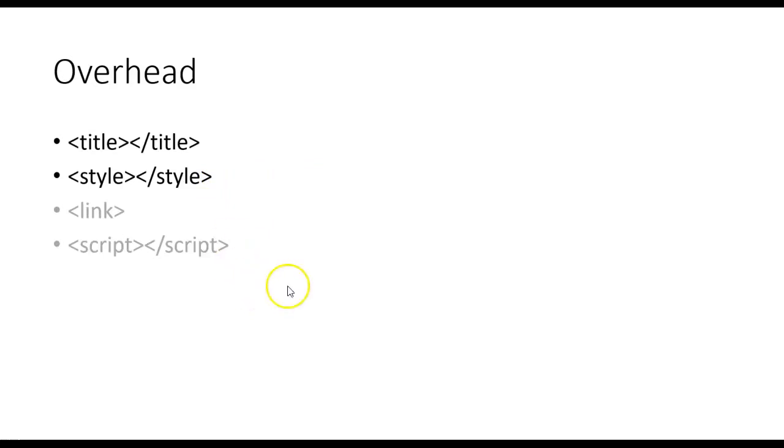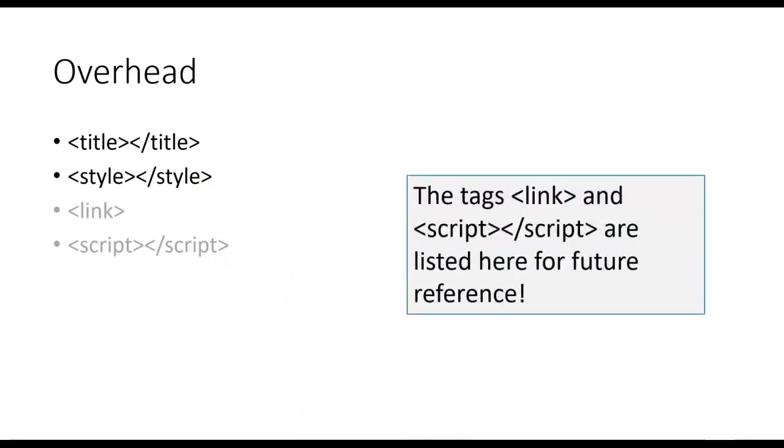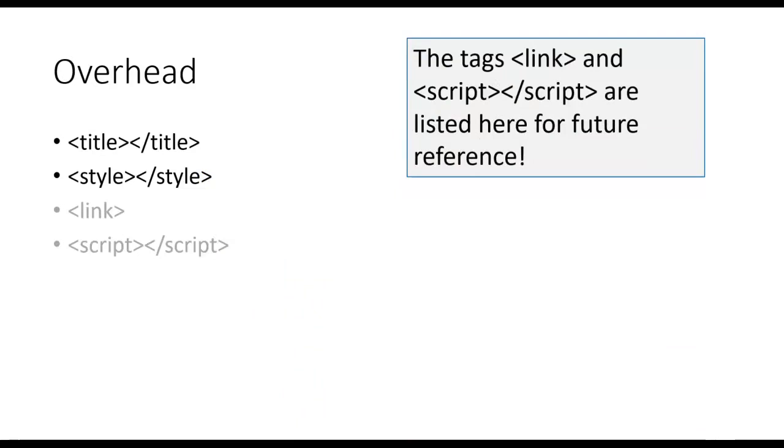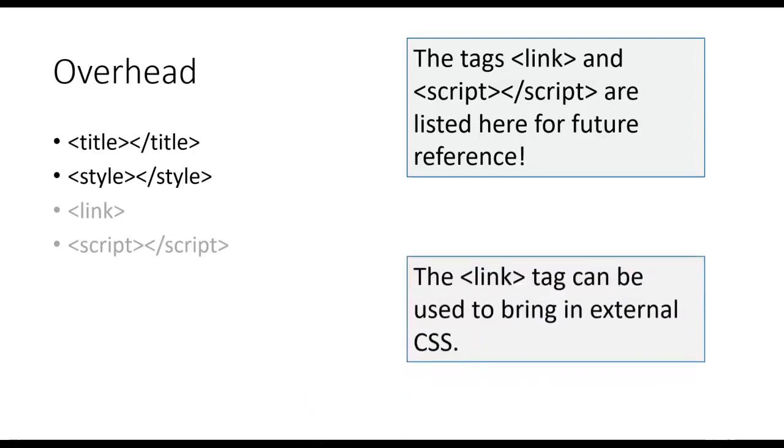Now you can see that I have them in gray text here. That's because the tags link and script here are listed for future reference. Again, not going to do a whole lot with them, but the use of them is so common, I felt like it was incomplete of me to not mention them here.